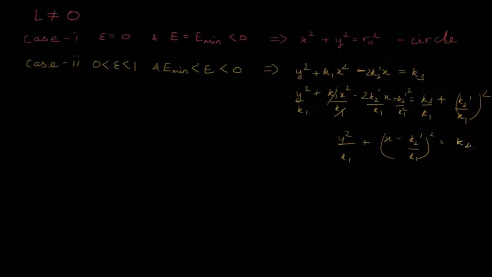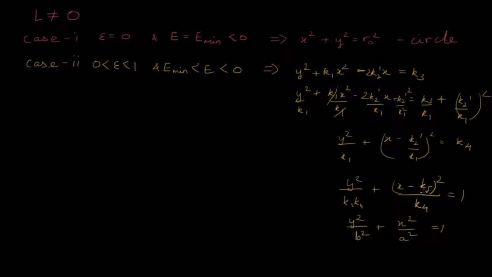I'll call this k4. And I'll just bring this k4 down here, y square by k1 k4 plus I'll call this constant k5. We got a lot of constants over here. X minus k5 whole square by k4 equals 1. Tidying the whole thing up a bit, I could just make this y square by b square plus x square by a square equals 1.